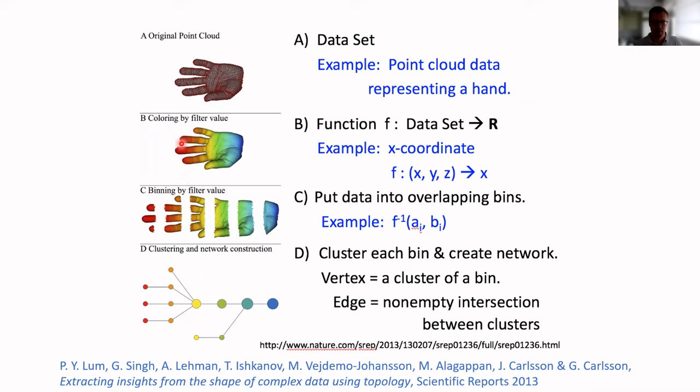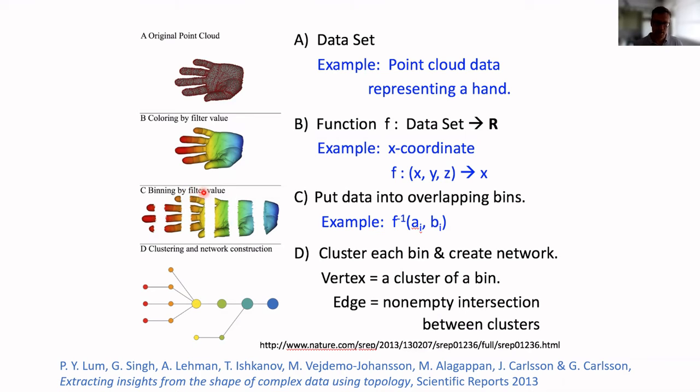Then I increase x a bit and I get another part of the fingers, and so on. I have 6 intervals here, and the pre-image of each interval is some subset of the original point cloud.